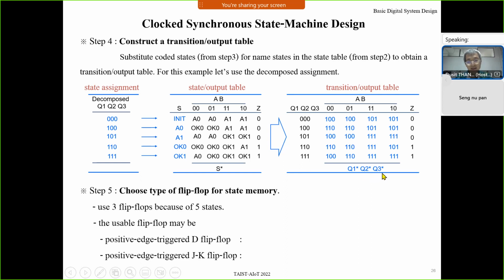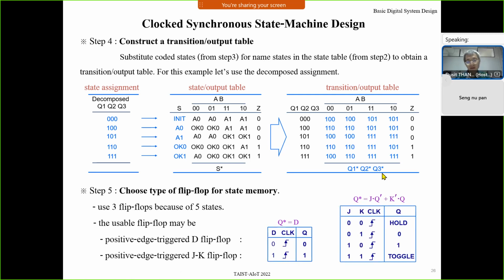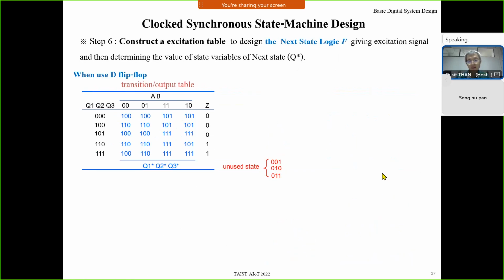After that, I just select the flip-flop. And for this example, I use D flip-flop. If I use D flip-flop, so what happens? For D flip-flop, when clock ticks, the new value of Q, or Q star, is the same as the value of D, right?